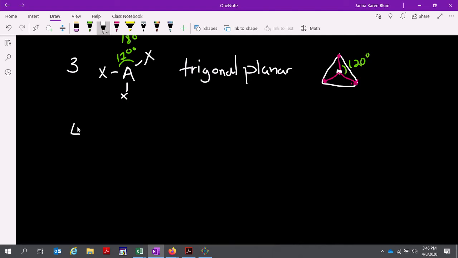4. So I have 4 things attached. Now, 4 things attached as far away from each other as possible. You might think it would go off to the corners of a square, but you really have to think about it in 3D.